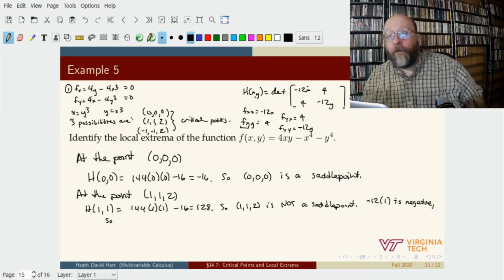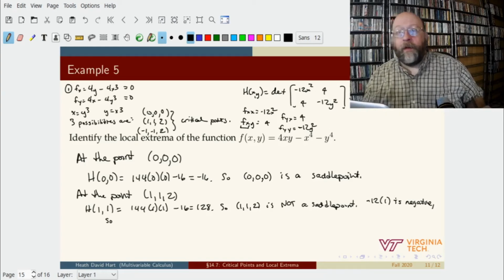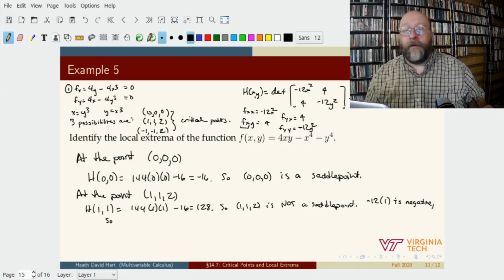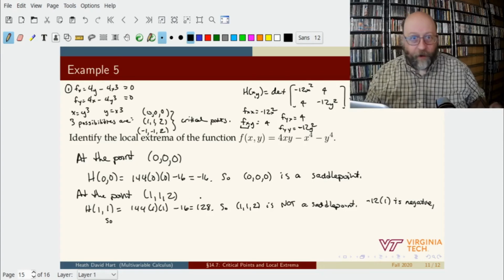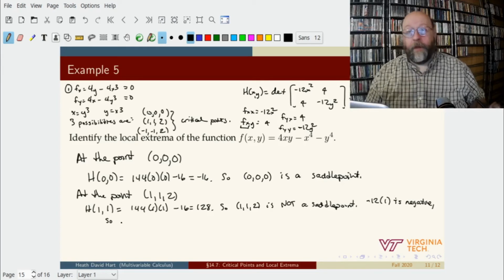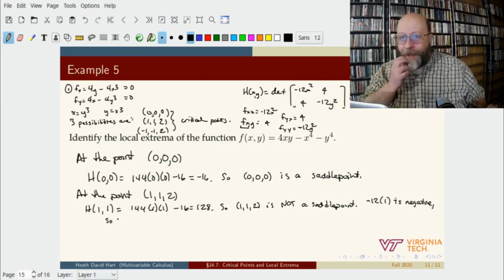I just realized this should be negative 12x squared, and this should be negative 12y squared. Sorry about that. Doesn't change any of the calculations we've done so far. Sorry about that. If you were screaming at the video, you had every right to.